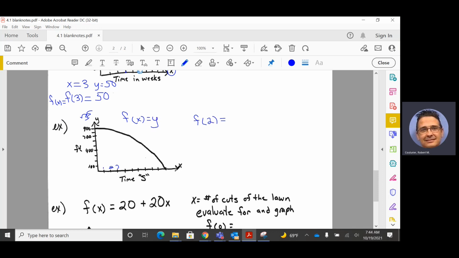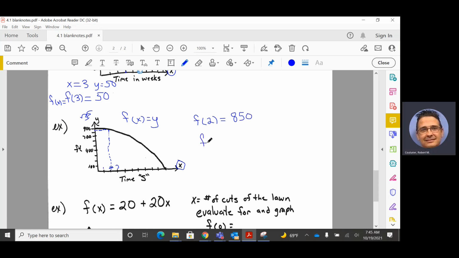So you look over here on the x-axis, 2, and you'll come straight up, best you can. I'm clicking with a mouse. And it looks like if you come back this way, after 2 seconds, what is that? About 800, approximately 850 feet.